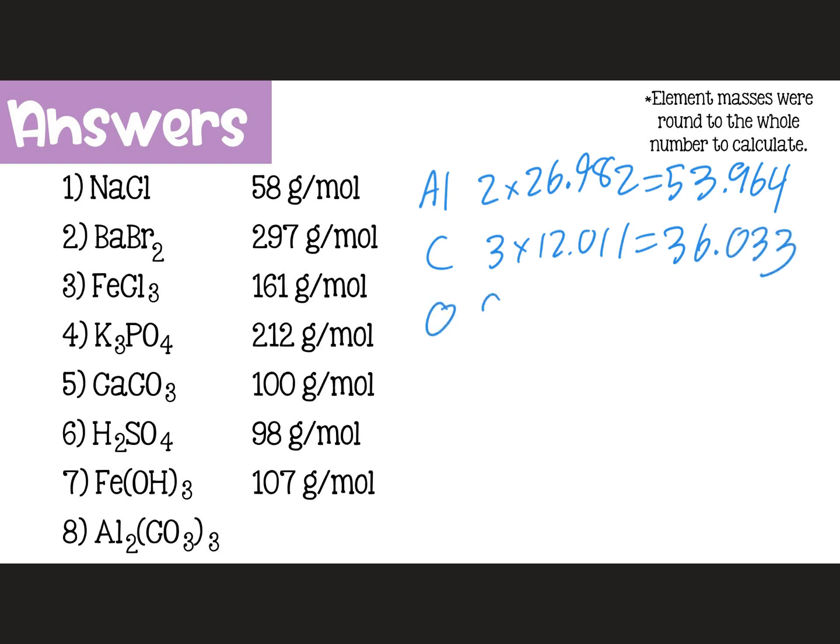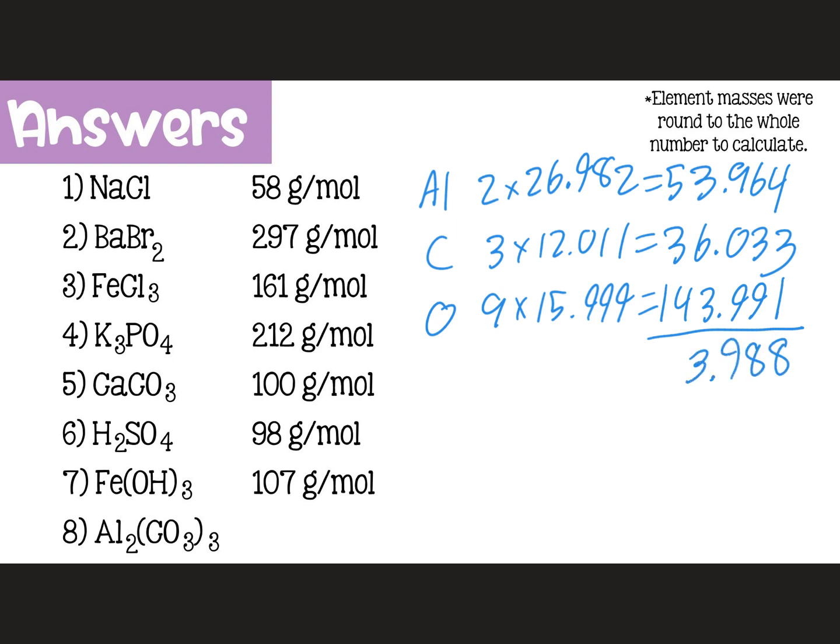Finally, there are 3 times 3 is 9 atoms of oxygen, each with an atomic mass of 15.999 for a total mass of oxygen of 143.991. Add all of these together and you get the mass of aluminum carbonate, which is 233.988 grams per mole, or 234 grams per mole.